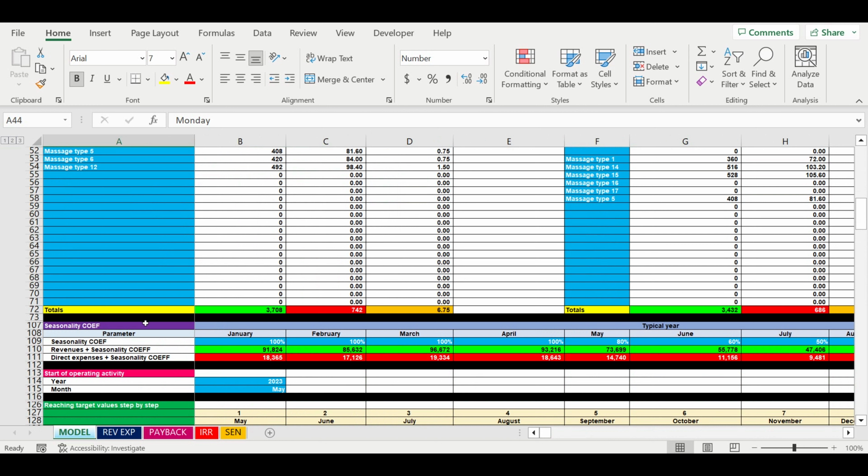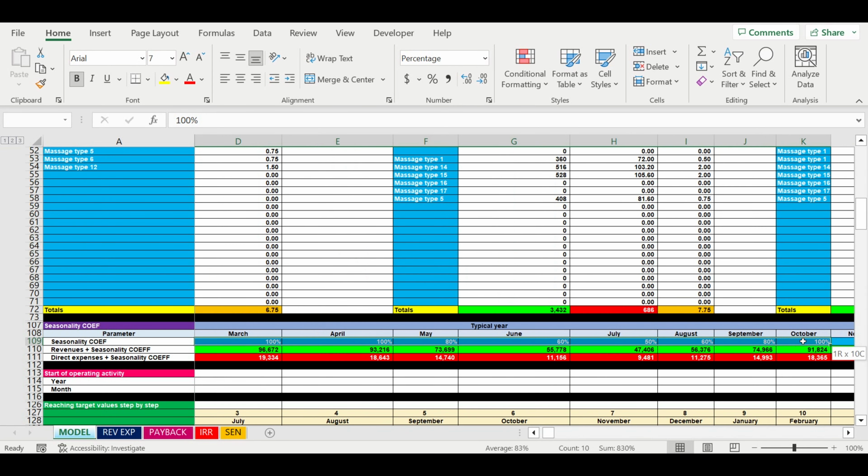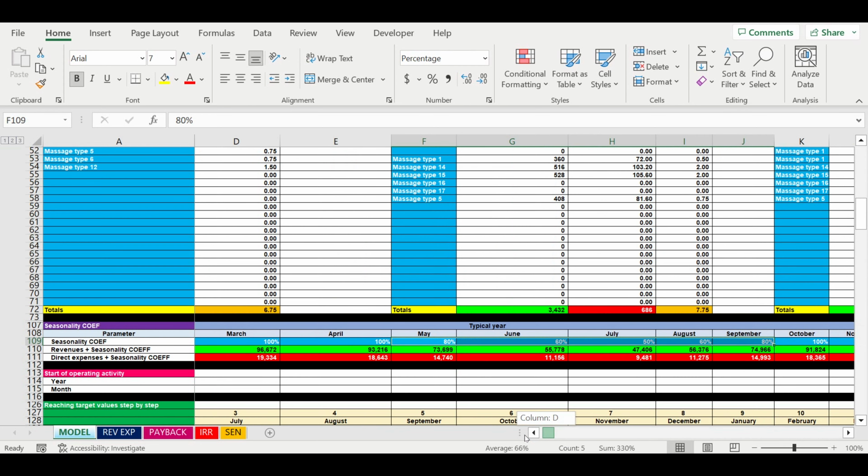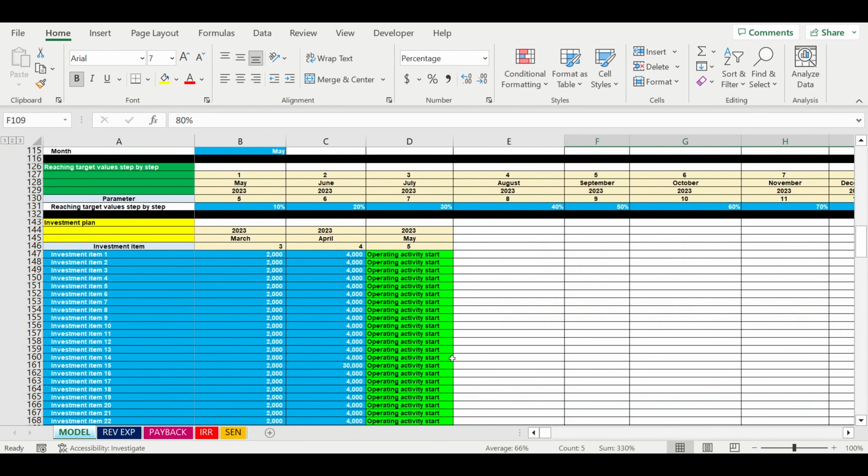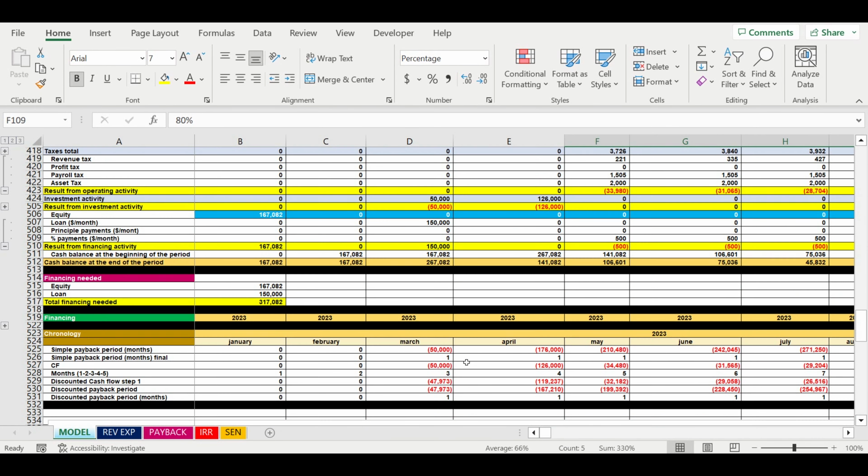Then when we create the revenues, we add the seasonality coefficient. For example, we may have some decrease in revenue in summer months. Here it is. And this seasonality may or may not create operating losses.